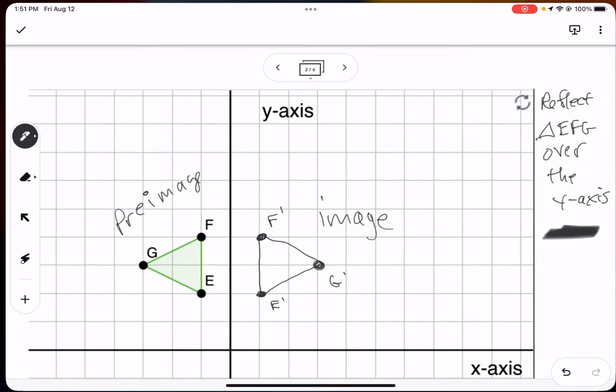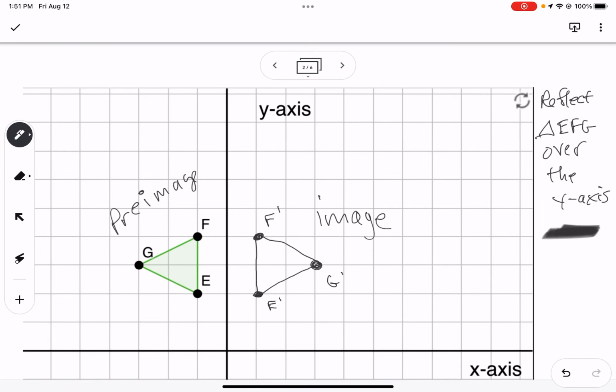Let's take a quick peek at the coordinates, just in case someone needs to prove what they're doing. And let's see if you notice any patterns. Right now, G is at -1, -2, -3, comma, 1, 2, 3.